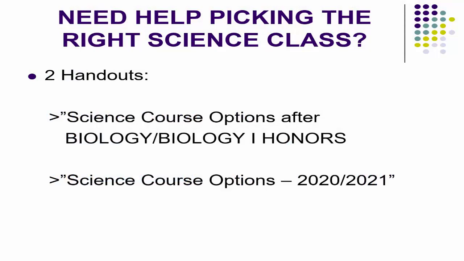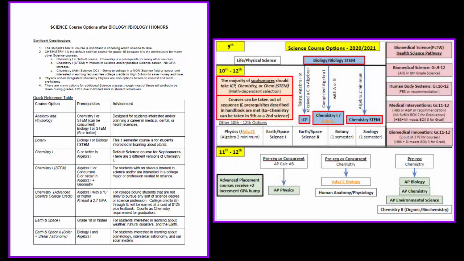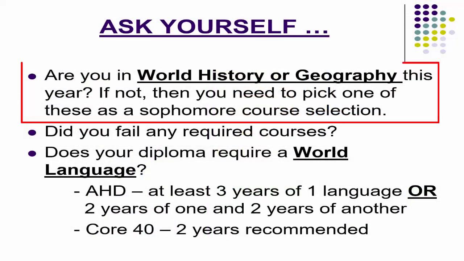There are 2 handouts to help you select your science class. Make sure you review the science course options after Biology 1, Biology 1 Honors handout, and the Science Course Option 2020-2021 handout.